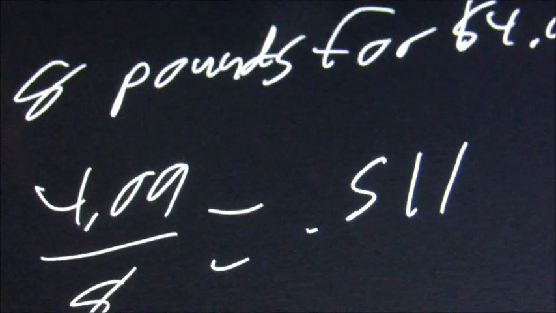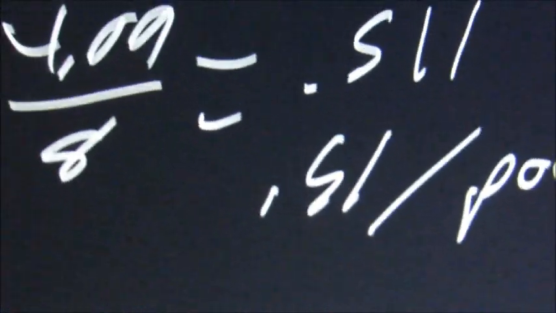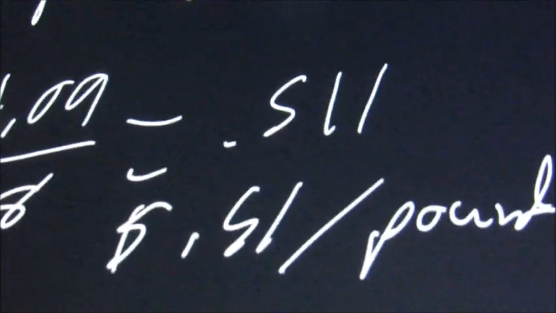And when we divide that, we're going to get 0.511. But we do need to round to the nearest cent. And the nearest cent is 2 digits past the decimal. So it's 0.51 per pound. It's 51 cents, but you're going to need to put 0.51.